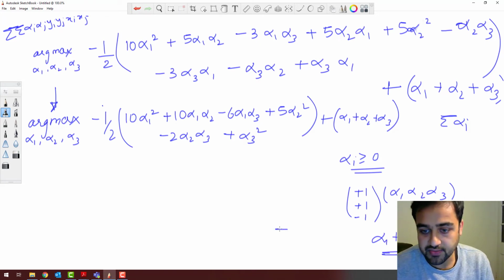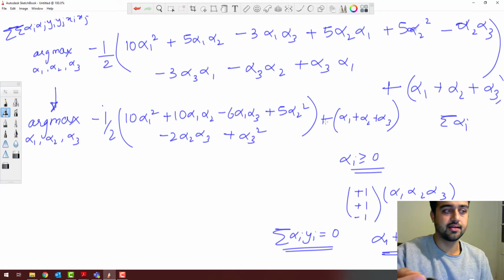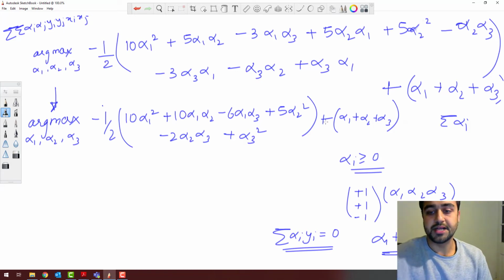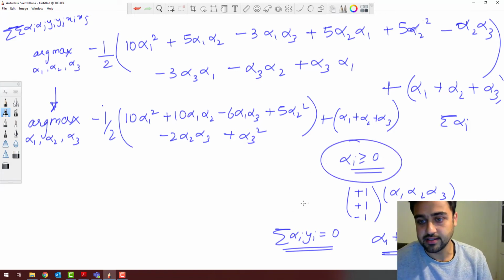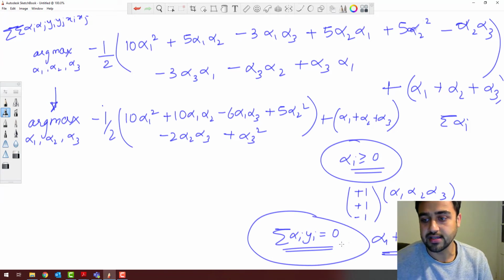Why? Because we had the condition where sigma of alpha i yi equals 0, right? The system of equations were subjected to alpha i greater than 0 and sigma of alpha i yi equals 0. Doing that, we get this particular equation.